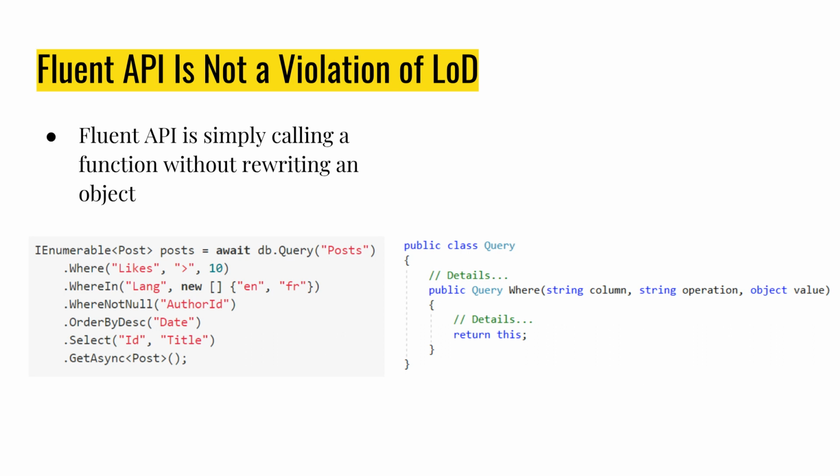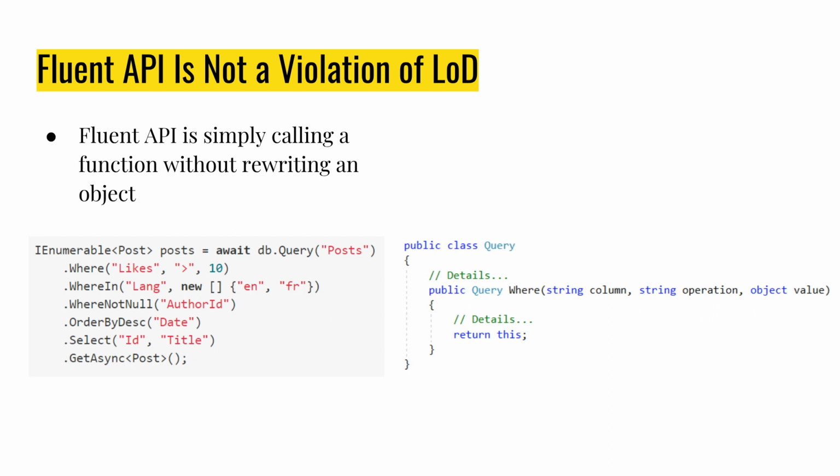So you have methods for filtering. You say that you want to get something from posts where likes are more than 10, where in something, where not null, and so on and so forth. Like this, we use a fluent way of having no need of recalling the provider for those methods.